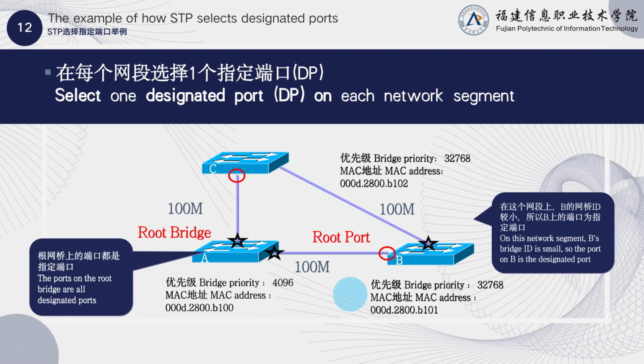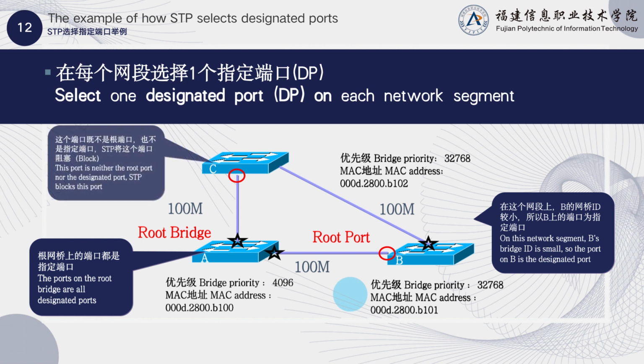So, the port on B is a designated port. So all the designated ports on the 3 network segments are generated. This port on switch C is neither the root port nor the designated port. So STP blocks this port.